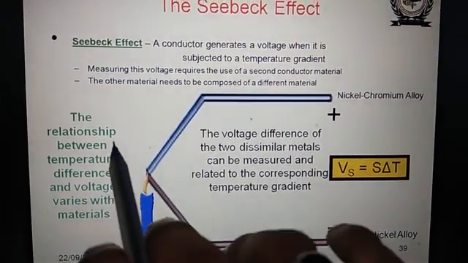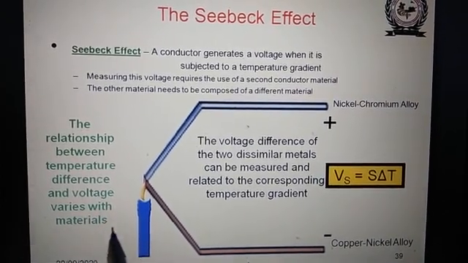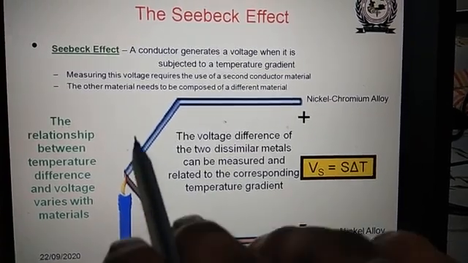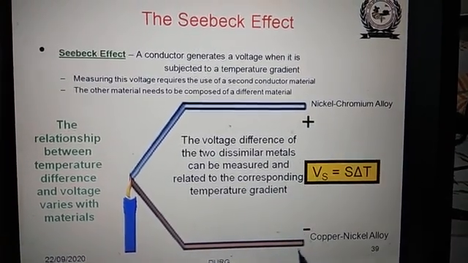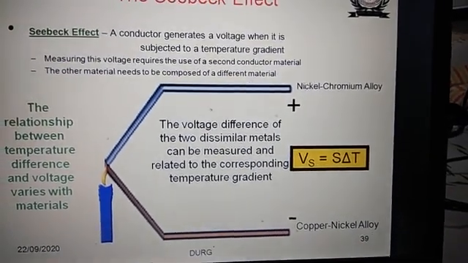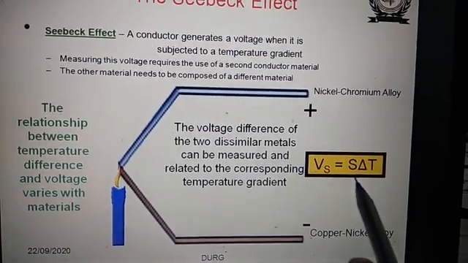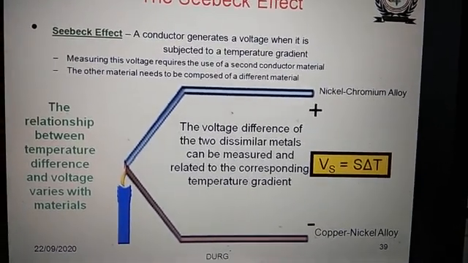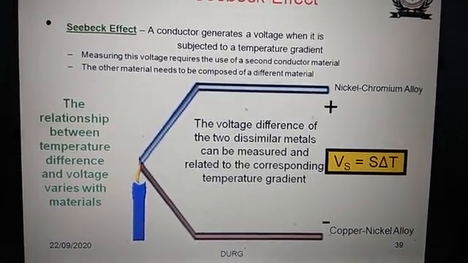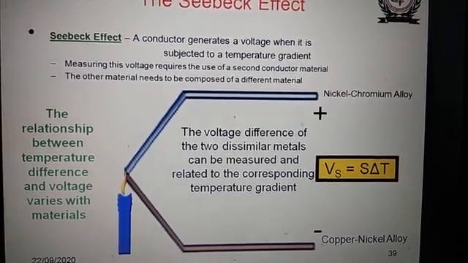Here the relationship between temperature difference and voltage varies with materials. So the temperature difference between these two materials will vary with voltage. This is nickel chromium and this is copper nickel alloy. So voltage Vs is equal to S into delta T, where S is a factor of change of surface temperature.